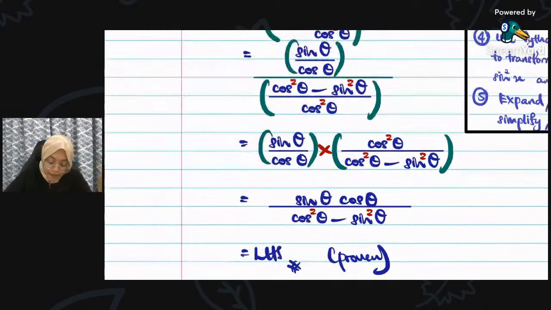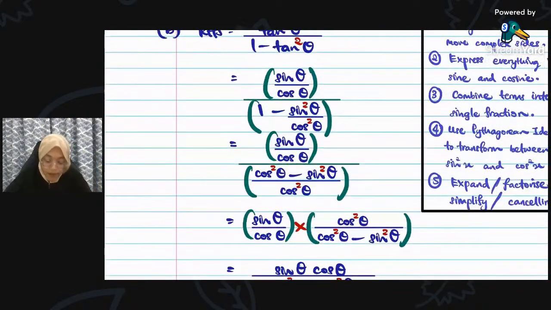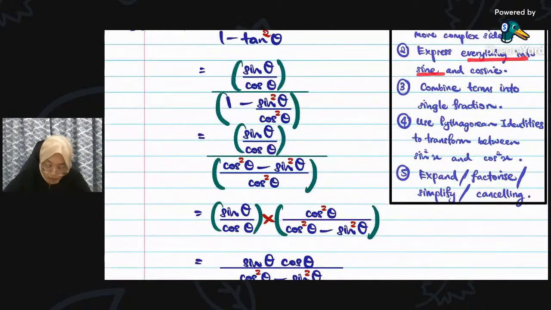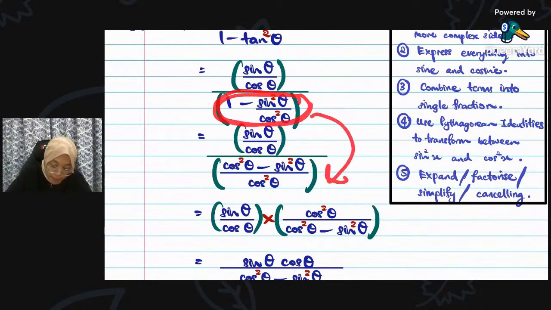So basically teknik yang kita pakai hanyalah express everything in sine and cosine and then combine terms into single fraction. As I said, kalau ada dua terms, combinekan dia menjadi satu single fraction. It means that you samakan denominator. That is one of the tips in proving itself.